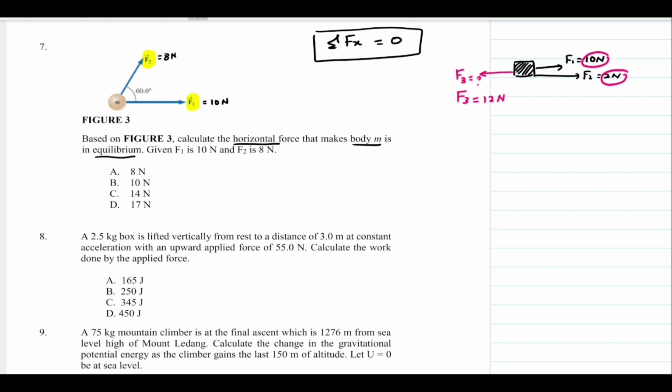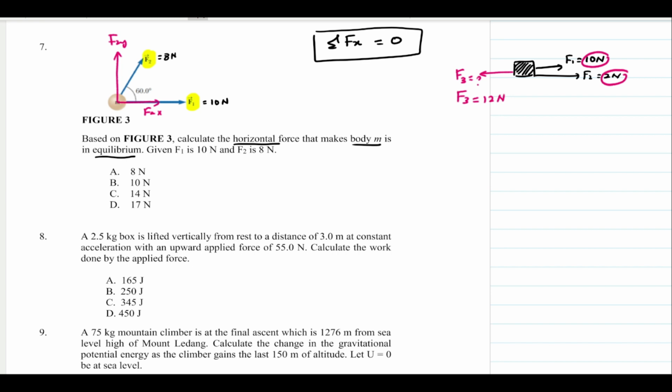Jadi sama macam soalan ini. Okay, F1 equal to 10 Newton to the right. F2 ni dia akan ada trick sikit sebab dia ada angle. But you need to resolve. Okay, resolve kepada F2x dan juga F2y. Alright.